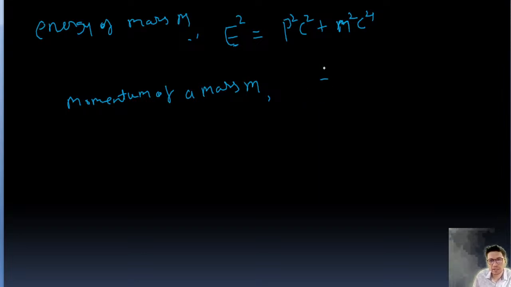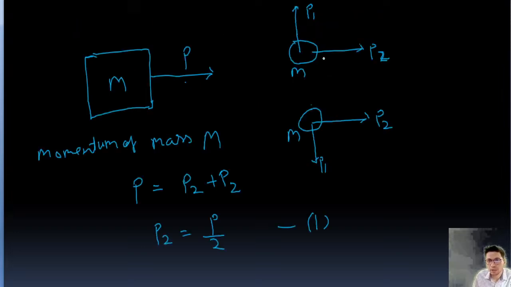See here, look, this is P1. There are two momentum components for mass m, right?